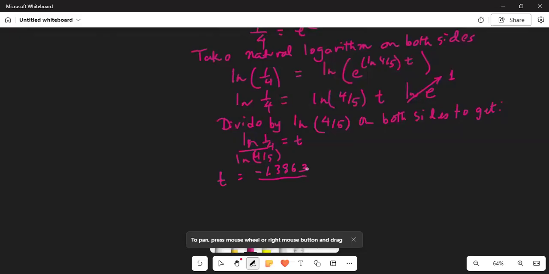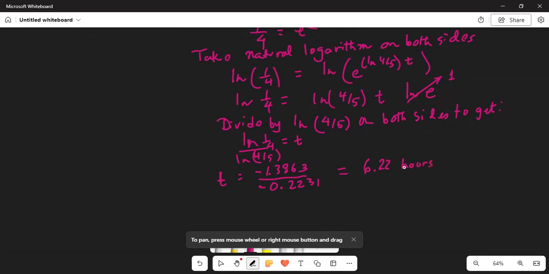So ln of 4 divided by 5 is 0.8, and that is equal to minus 0.2231. So this becomes 1.386 divided by 0.223, which is 6.22 hours. What does it mean?